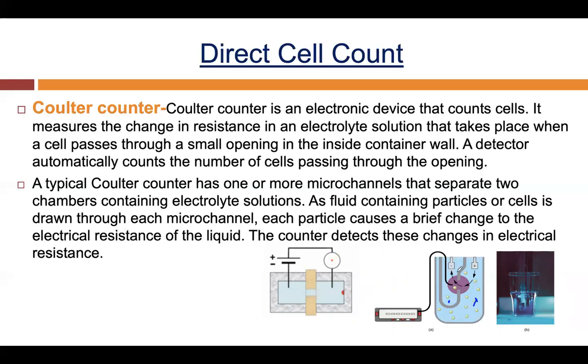Because of the electricity, there is a movement of water and electrolytes between these 2 channels. So instead of salt particles or electrolyte particles, if a bacterium moves through this opening, then that resonator can count it. By counting that number, we can estimate the number of bacteria. So that's the Coulter counter method.